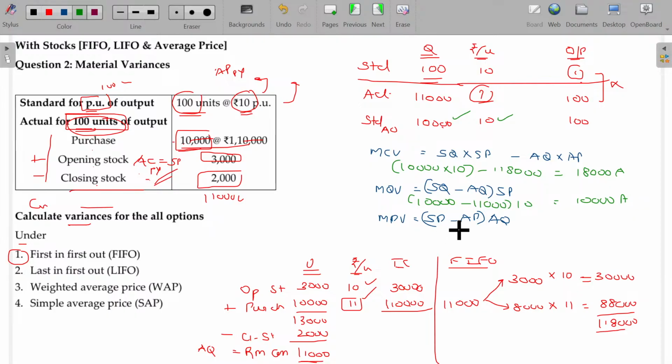For price variance, standard price minus actual price into actual quantity can be written this way: standard price into actual quantity minus actual price into actual quantity. So standard price in this case being 10 rupees, actual quantity 11,000. Actual price into actual quantity is 1,18,000 rupees. Already we calculated this.